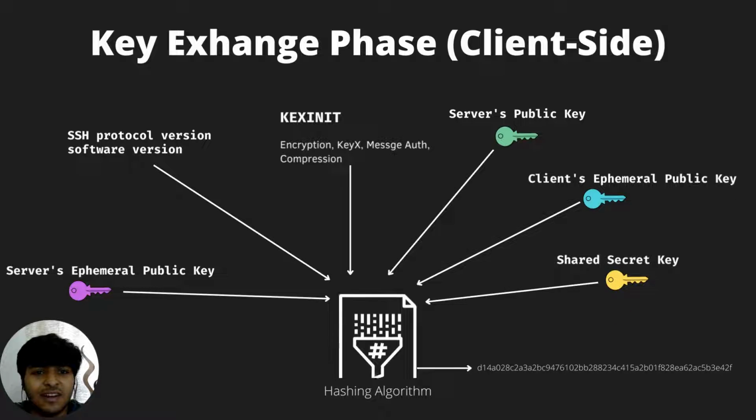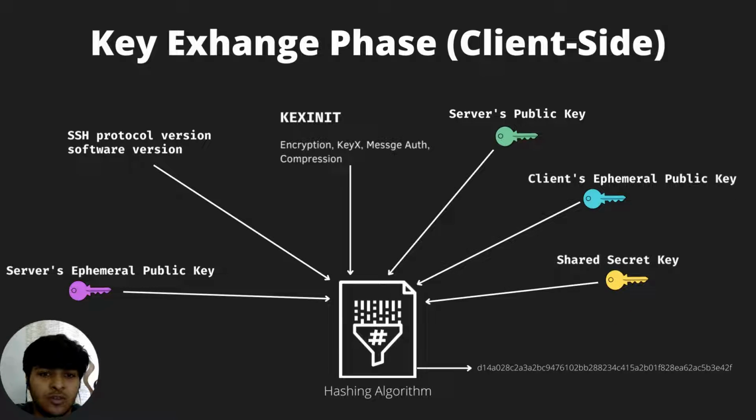Now, once the client receives the message, it uses the server's public key as an input to the Diffie-Hellman key calculation, in addition to its own Diffie-Hellman private and public keys, to compute the secret key. Once the secret key is calculated, the client generates the exchange hash from the same inputs as the server.